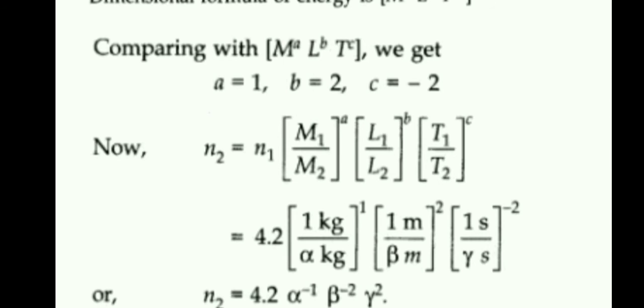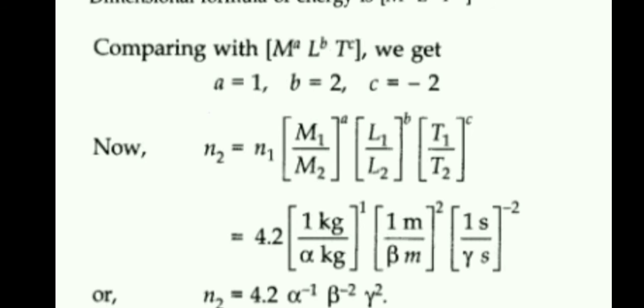After simplification, we get the result that n2 equals n1 into square bracket start m1 upon m2 to the power a, L1 upon L2 to the power b and T1 upon T2 to the power c. Now put the values. The value of n1 is 4.2.